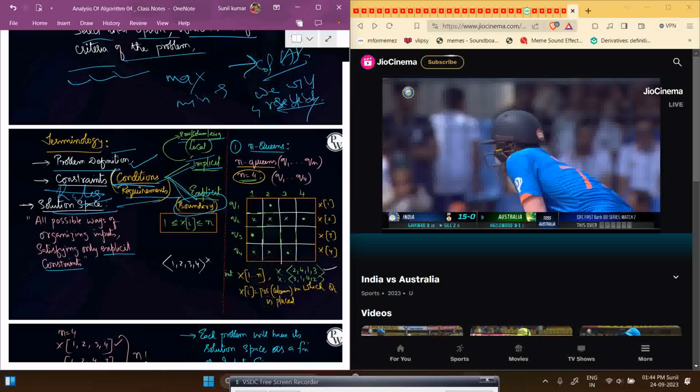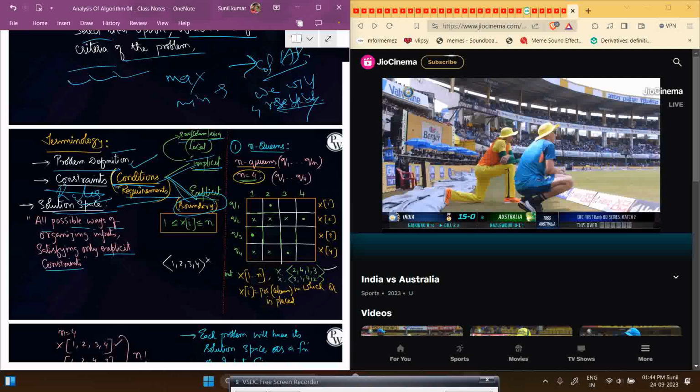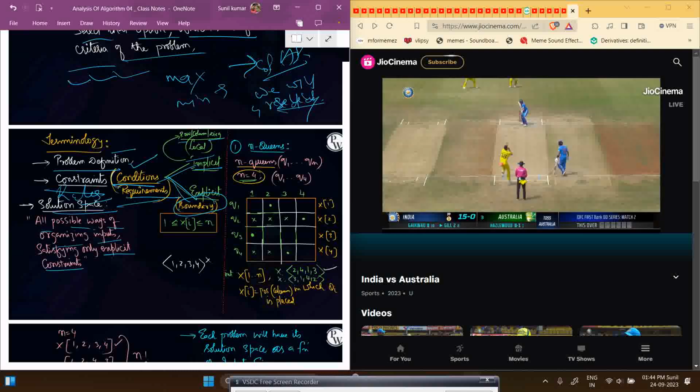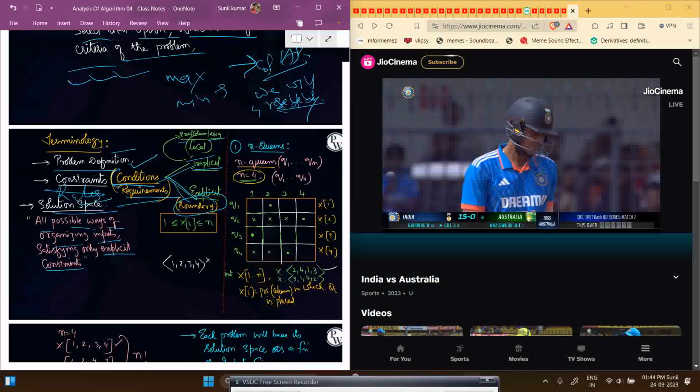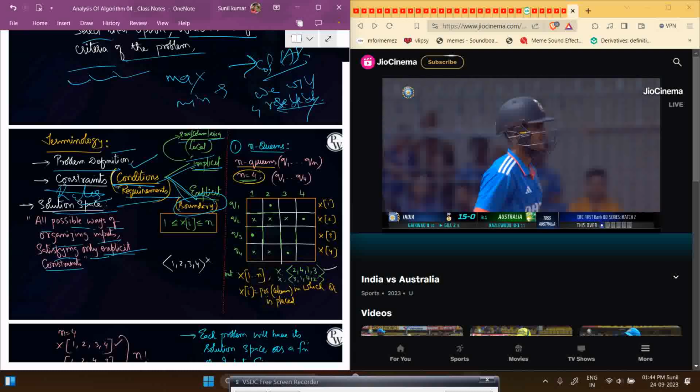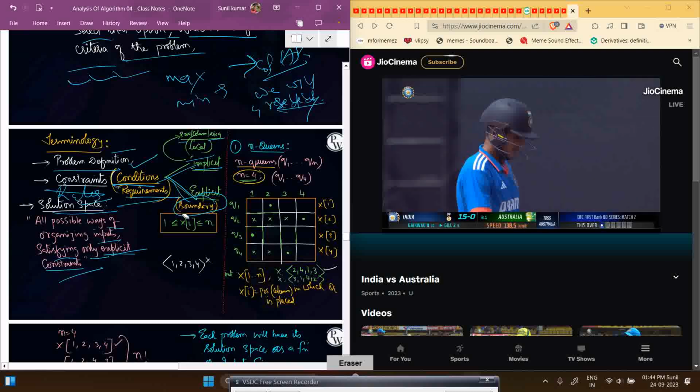The solution space is all possible ways of organizing inputs, satisfying only explicit constraints.